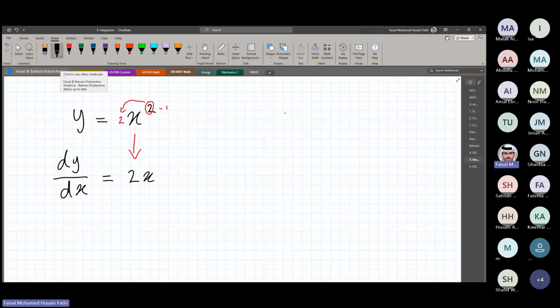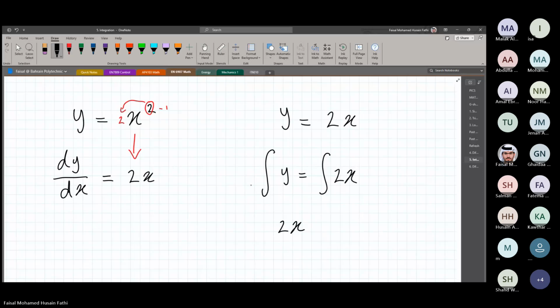So let's say we have a function y is equal to 2x. All right? Integration of 2x, of y, in this case, integration of y, which is the integration of 2x, is equal to 2x to the power, we're going to add to the power, this is a power 1, 2x is like power 1.